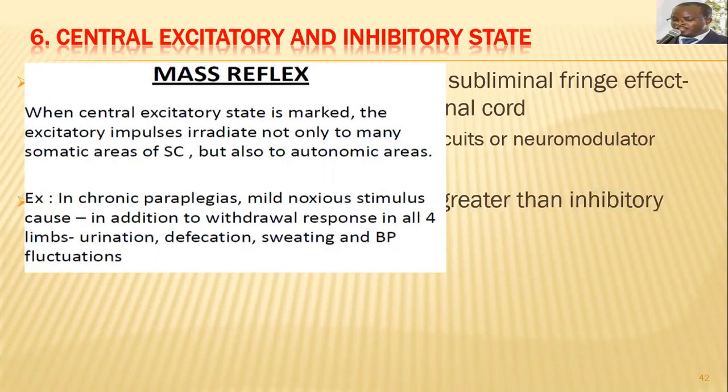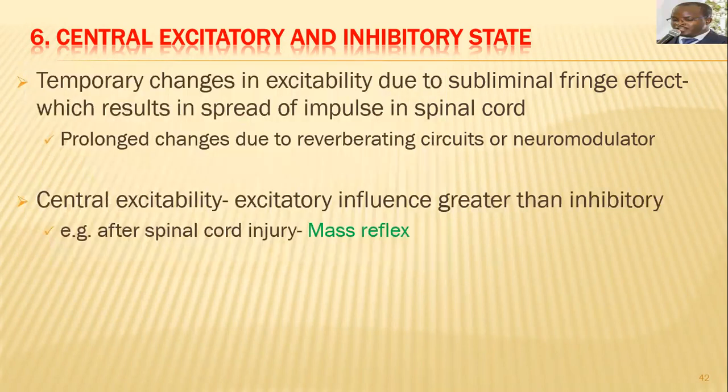For example, in chronic paraplegias, a mild noxious stimulus causes, in addition to a withdrawal response in all four limbs, stimulation in terms of urination, defecation, sweating, and blood pressure fluctuations because of central excitability.